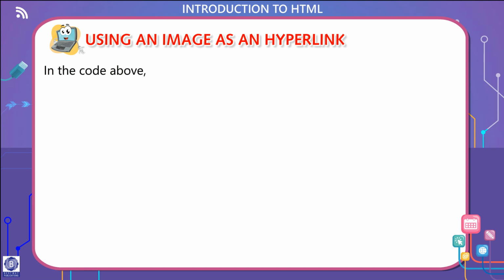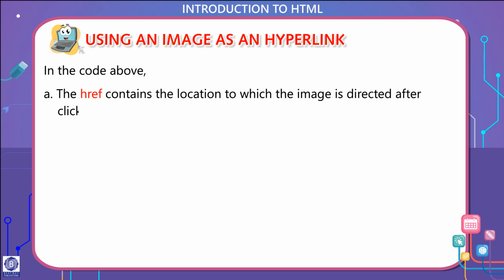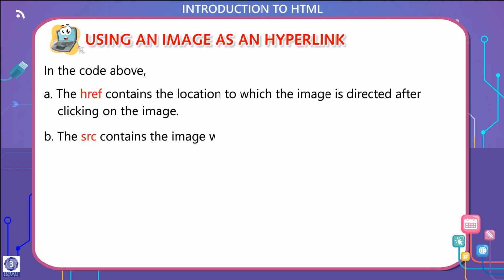Output: in the code given here, the href contains the location to which the user is directed after clicking on the image. The src contains the image, which is used as a hyperlink.